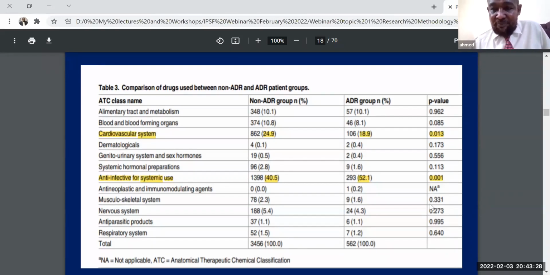That means when the p-value is less than 0.05, the probability that there is an error in this observation or estimation or difference is less than 0.05.